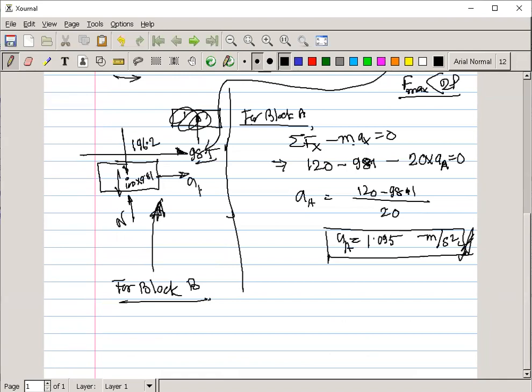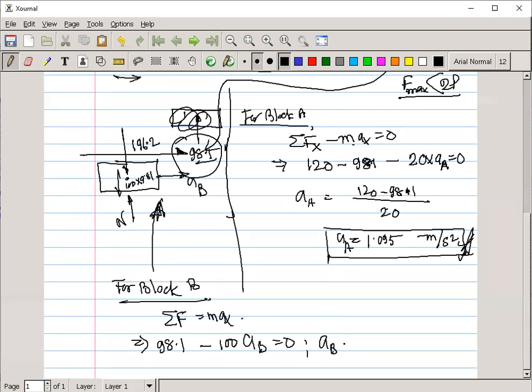So consider this acceleration is A of B. Now how to solve this type of problem? Similar to the previous one, here also we have to apply this. So let's apply: 98.1 is the summation of F, the frictional force, in the positive direction, minus 100 into A of B is equal to 0.